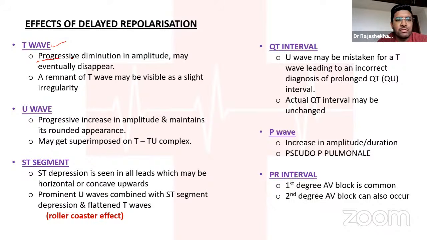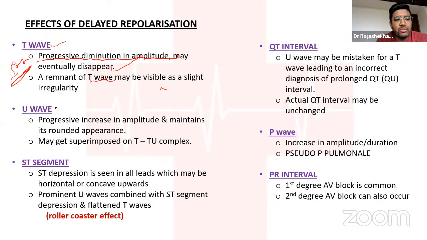The progressive diminution in amplitude is the first sign to appear in hypokalemia. As I told you, it is delayed repolarization. So the T wave gets prolonged and diminished in amplitude. Sometimes it may disappear or become inverted in your patient. Sometimes the T wave may remain as a remnant, a slight irregularity in your patient.